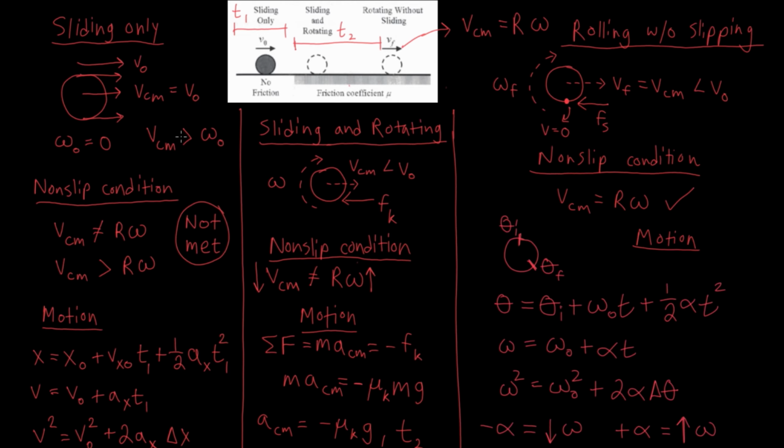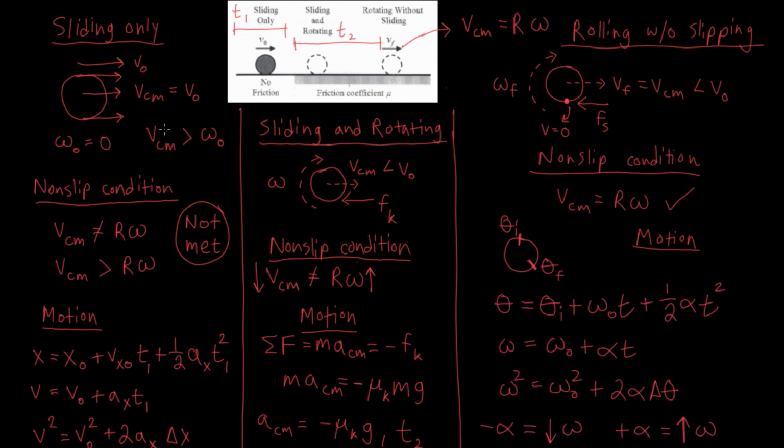Notice that when the object was sliding only, it had an angular speed of 0. Then when the object encountered the rough surface right here, the force of kinetic friction caused a torque, which in turn increased the angular speed.